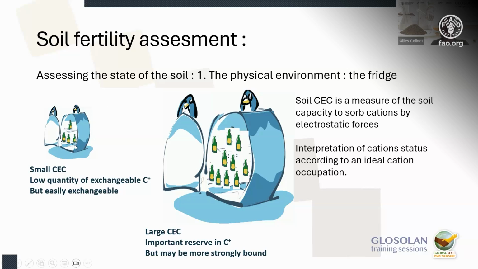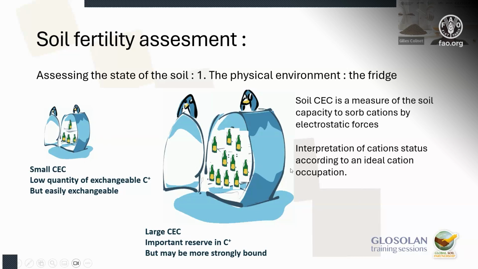Sometimes it can be sufficient to have a small one if the dynamic of putting nutrients in the fridge is high. So sometimes it's better to have a small fridge and always elements in it, rather than a big empty fridge.